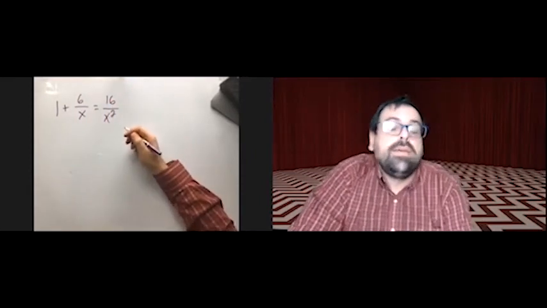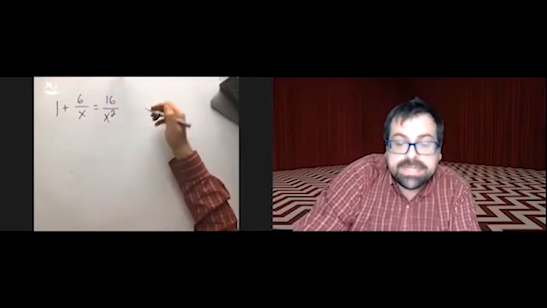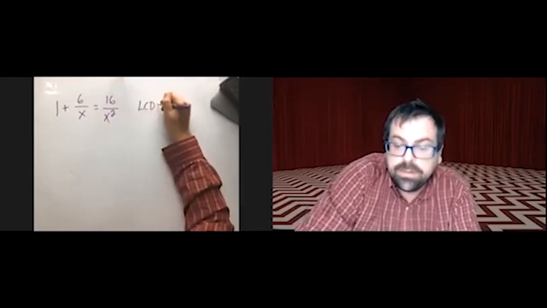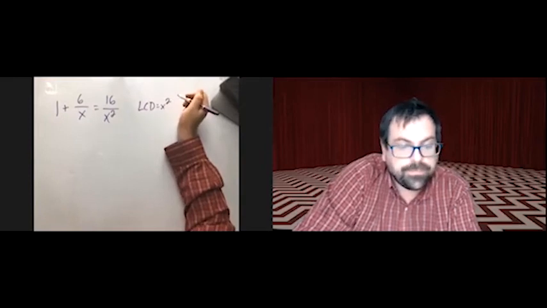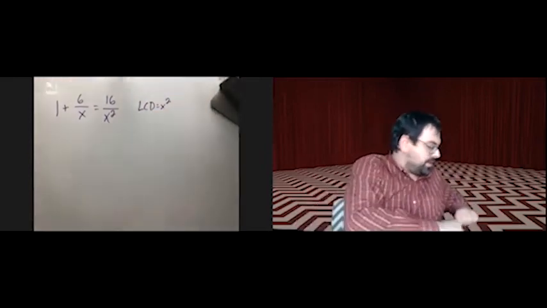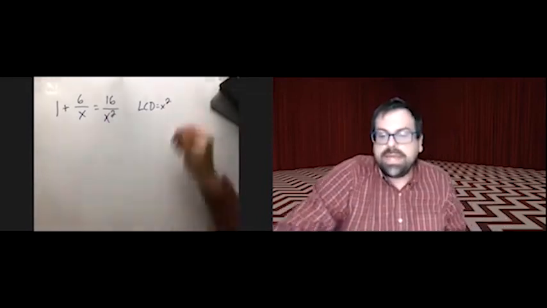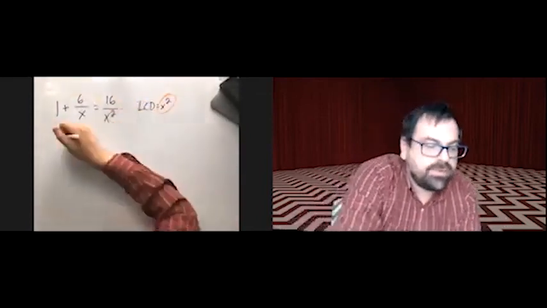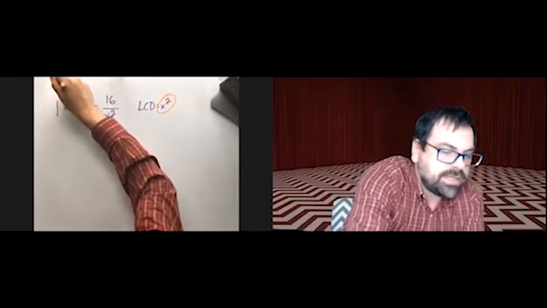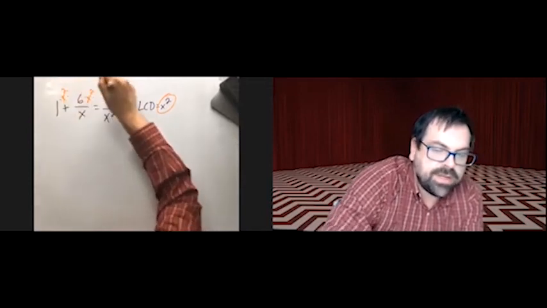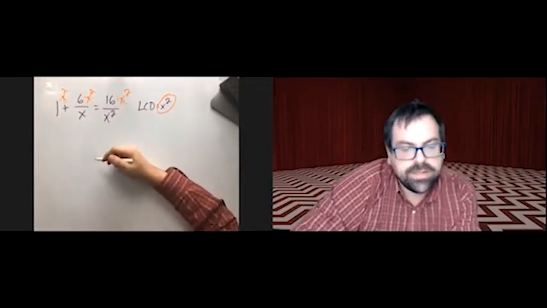Again, the LCD is x squared. We are going to take that LCD and multiply it everywhere: times x squared, times x squared, times x squared.